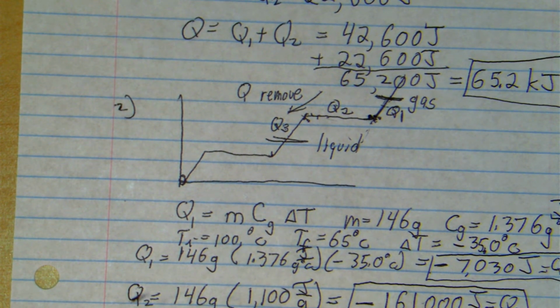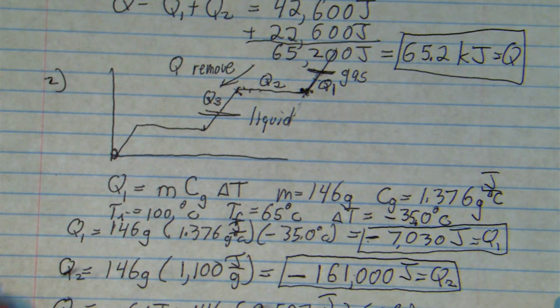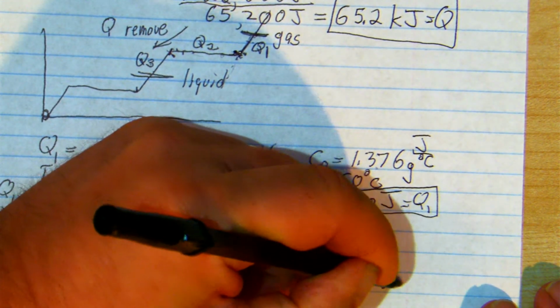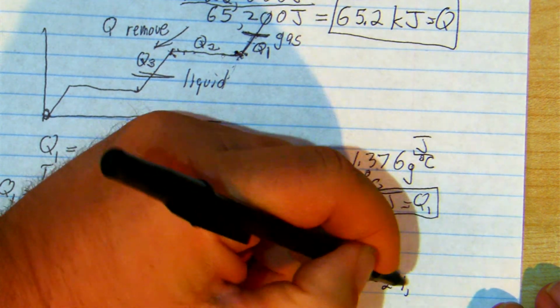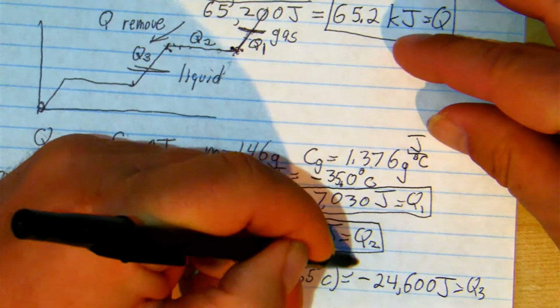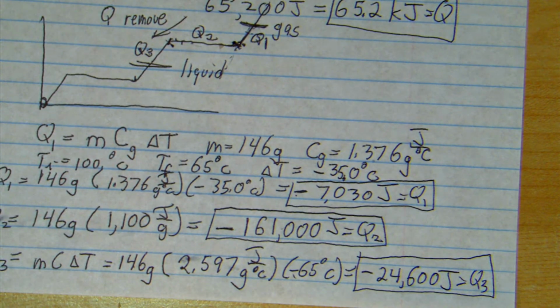Powering up my calculator, I go 146 times 2.597 times negative 65, enter. And my calculator says negative 24,645.53. And I say, well, to 3 sig figs, it's going to be negative 24,600 joules is the amount of heat energy I need to lose to cool down the liquid methanol to its final temperature.